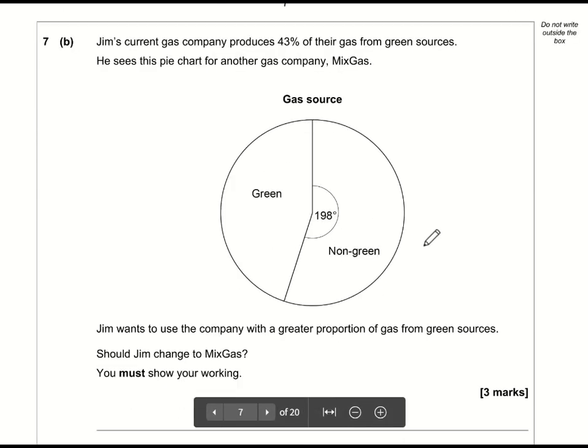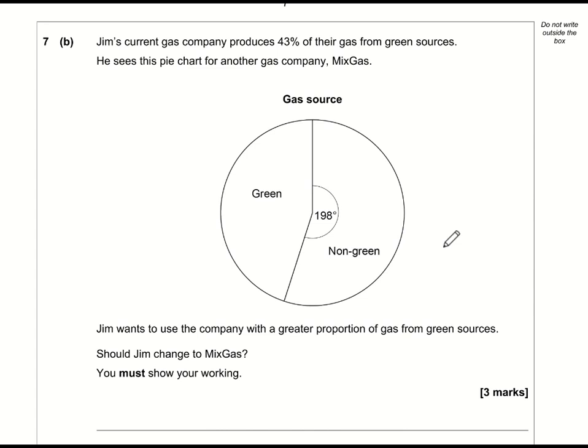Okay, so Jim's current gas company produces 43% of gas from green sources, and Jim wants to use a company with a greater proportion of gas from green. So first of all, how many degrees do we have here? Well, that is going to be 360 degrees minus 198 degrees, and that is 162 degrees.